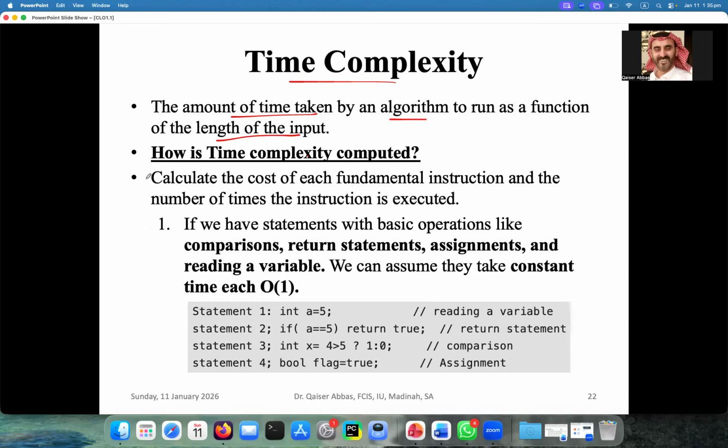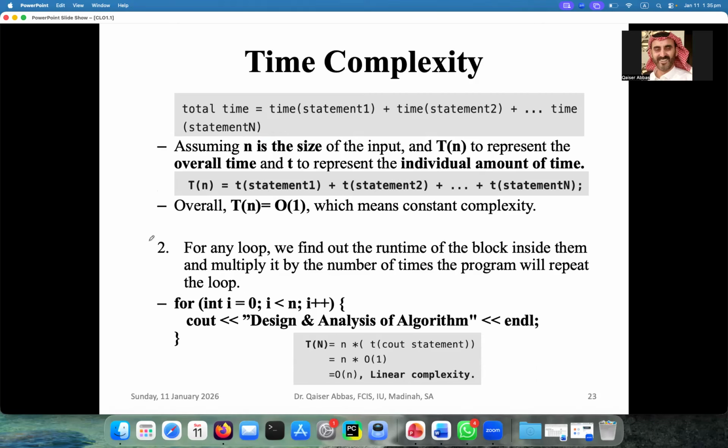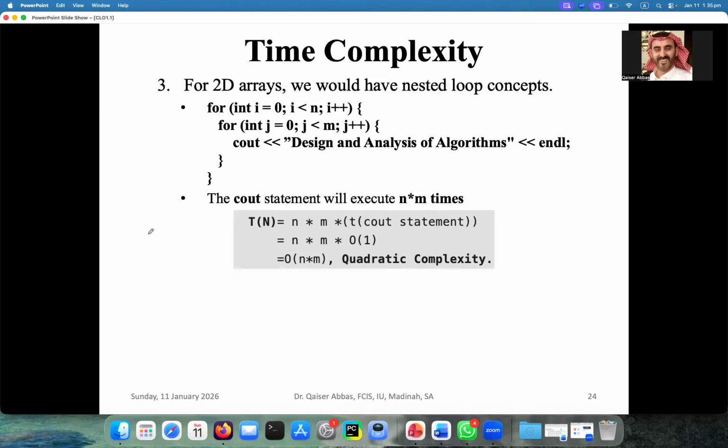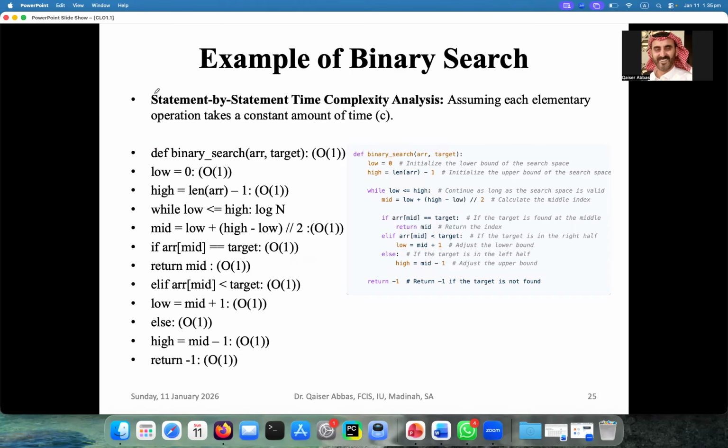First, how can the time complexity be computed? This is rule 1, this is 2, this is 3, and this would be the example.